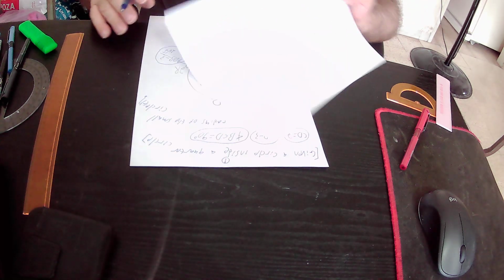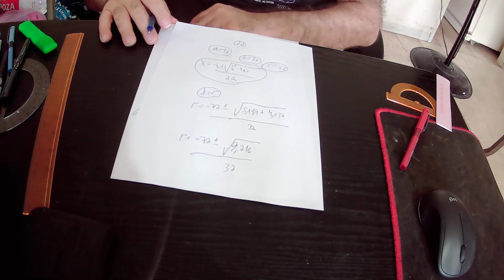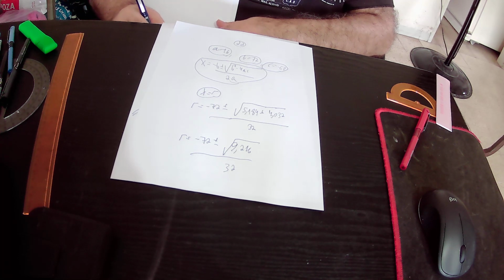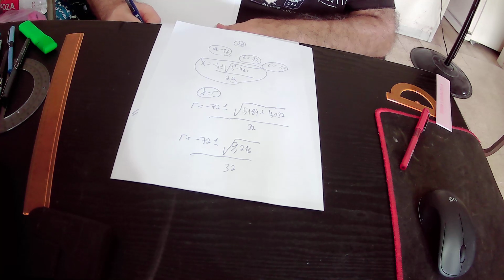So in total we got that the radius of the semicircle equals minus 72 plus minus, and the root of 9216 is 96, over 2.